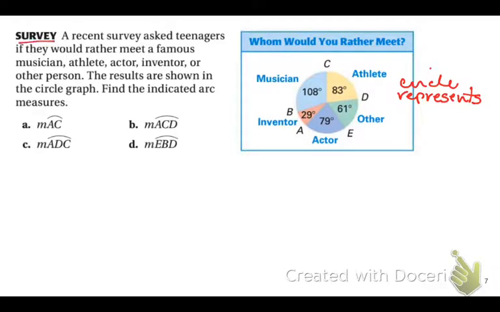This is a survey. A recent survey asked teenagers if they would rather meet a famous musician, athlete, actor, inventor, or some other person. The results are shown in the circle graph. What the circle represents is all the teenagers they asked.